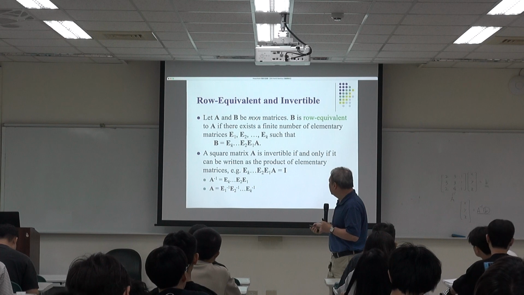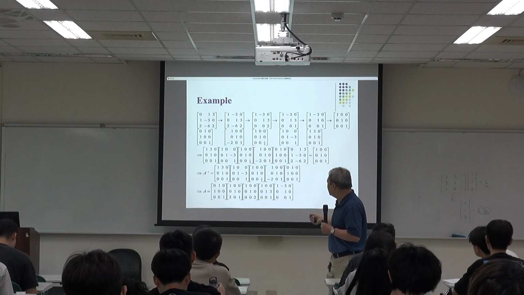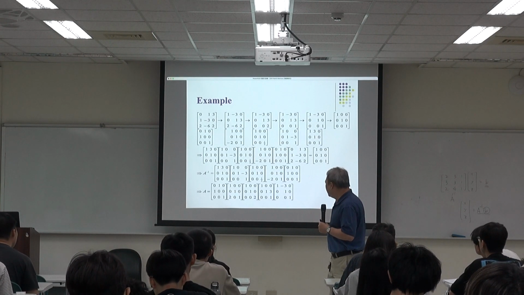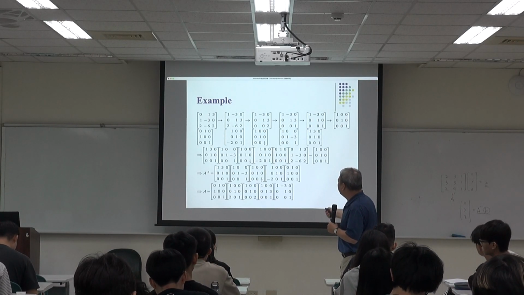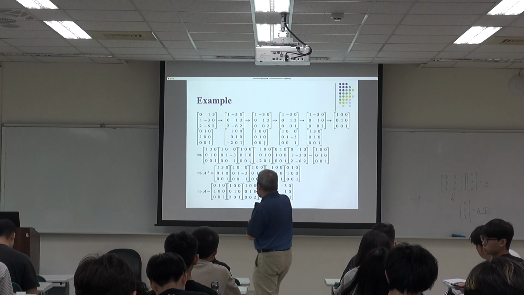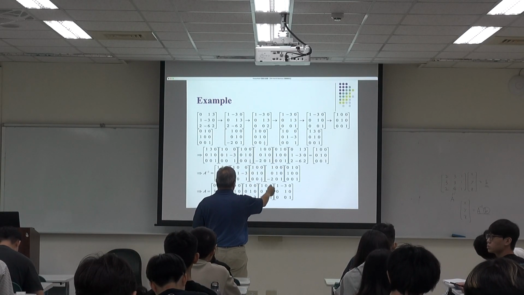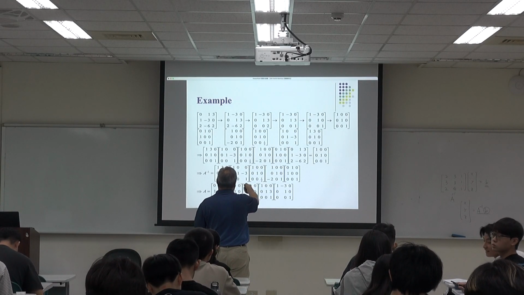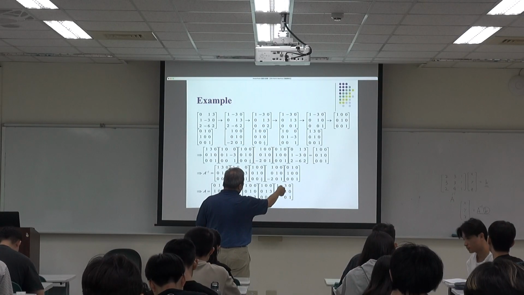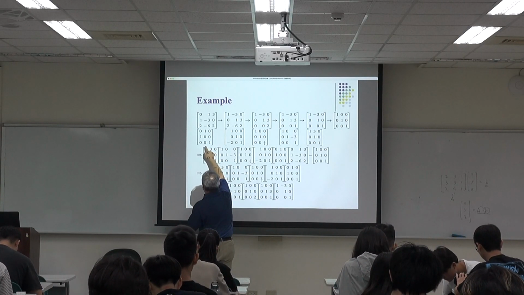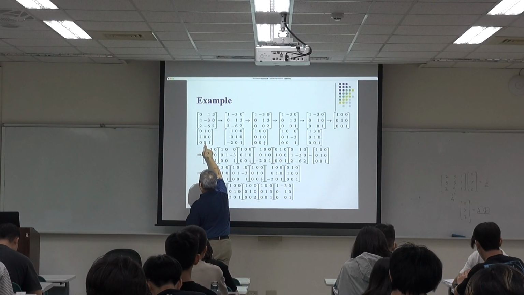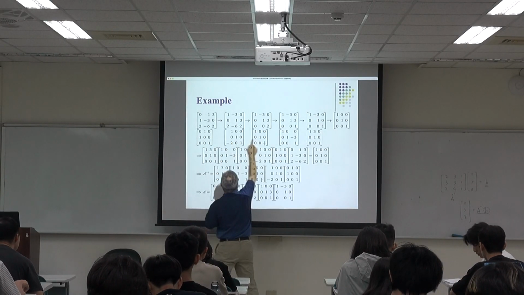I think this is an example, but I'm running out of time, so I will just go through it quickly. From A, by using elementary row operations, we obtain the identity matrix. The corresponding elementary matrices are here.